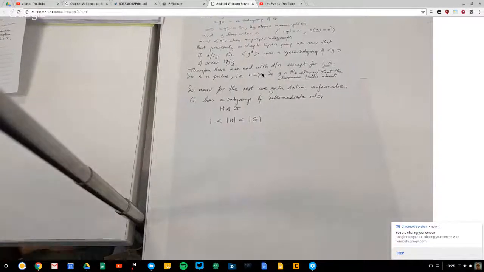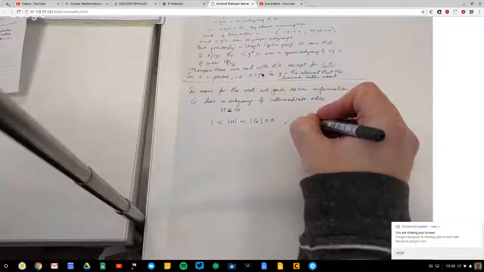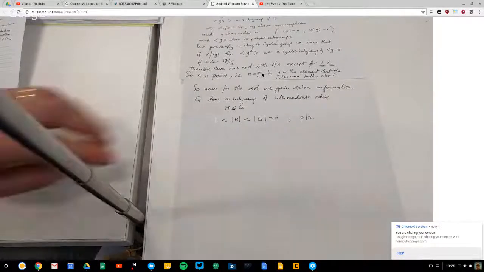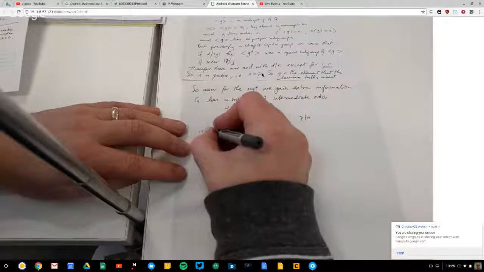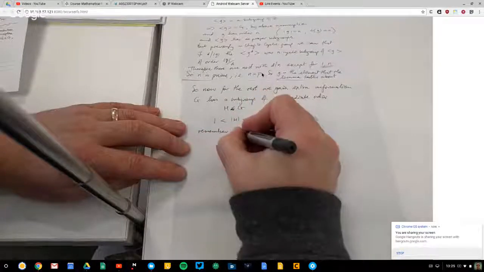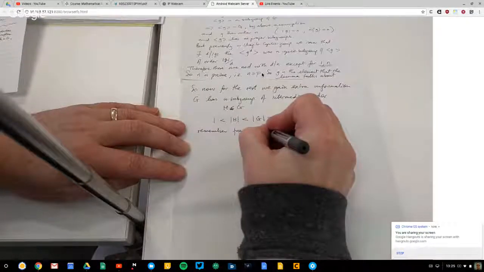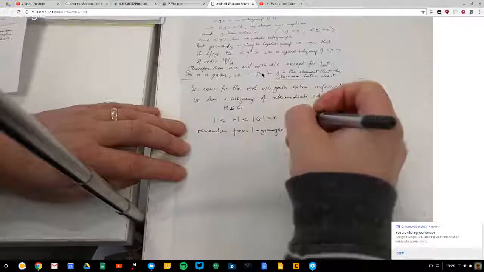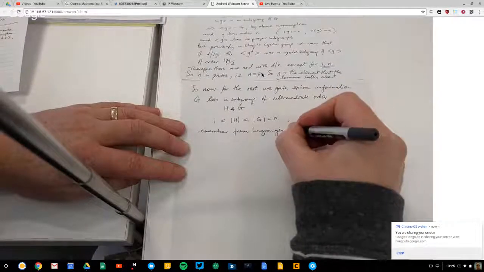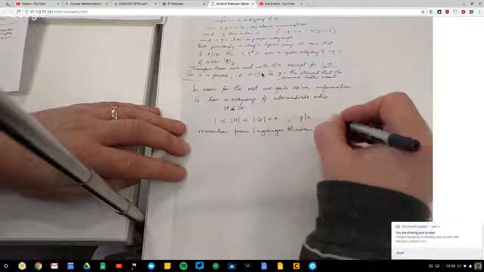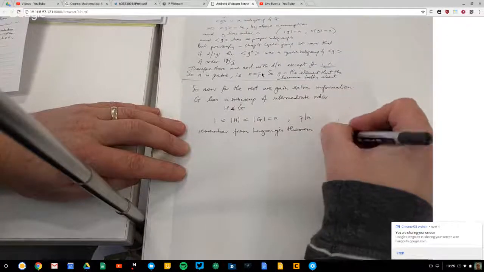Now remember, G is of order n, and we've got this assumption that there's a prime number dividing n. Now remember, from Lagrange's theorem, the order of the subgroup is a divisor of n.